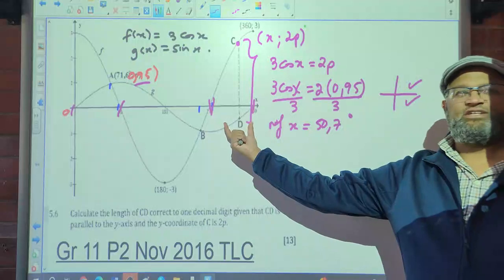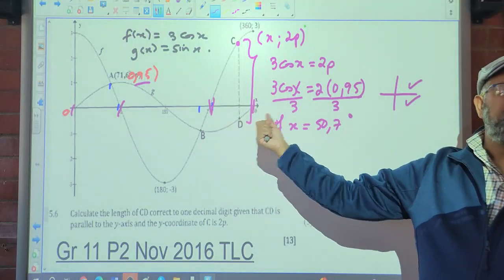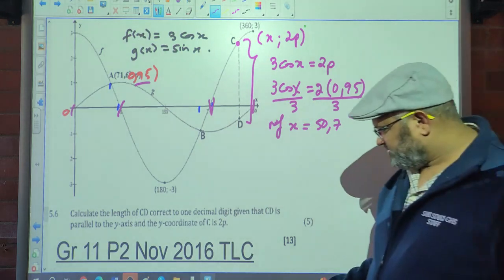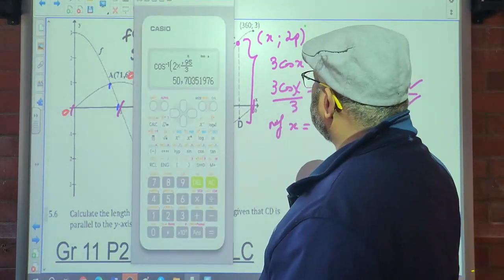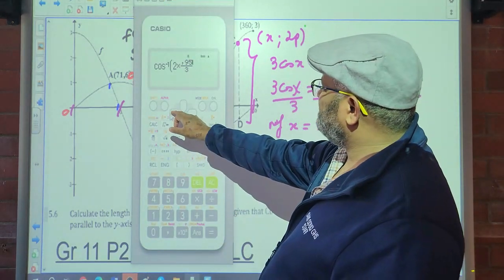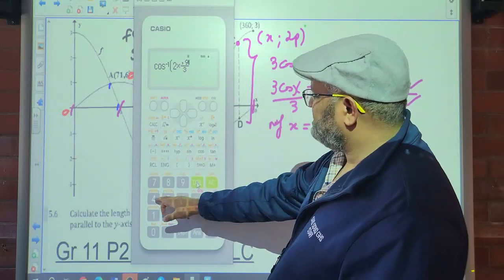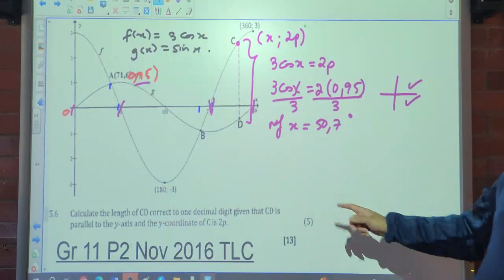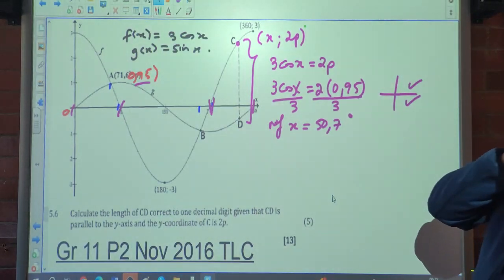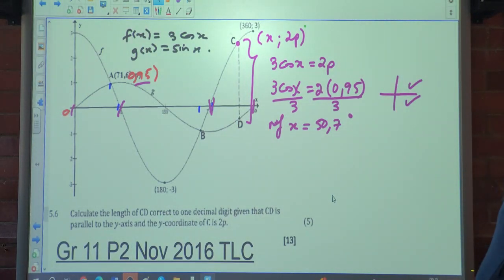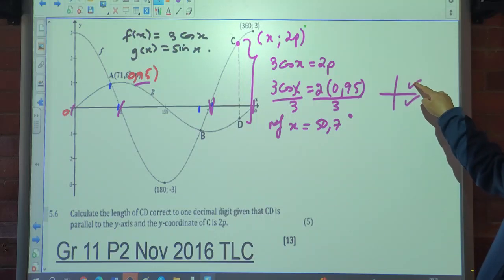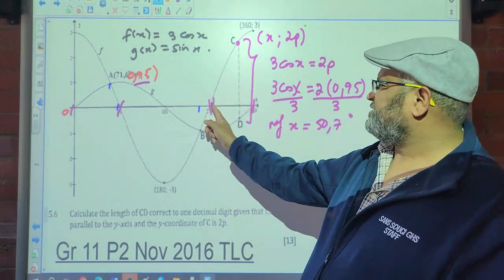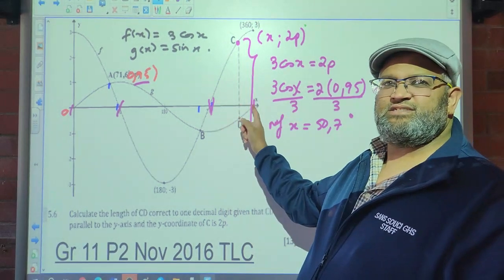So it's actually in quadrant 4. It could either be in quadrant 1 or quadrant 4, but as you can see, C is definitely between 270 and 360 degrees.